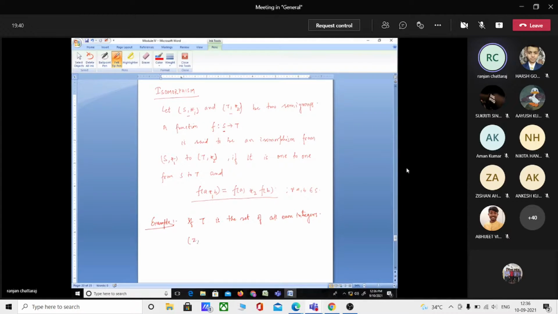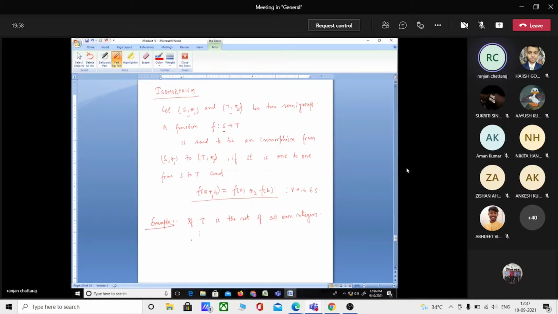A star B is equal to E, the identity element. Also A star its inverse C is also equal to the identity element E.